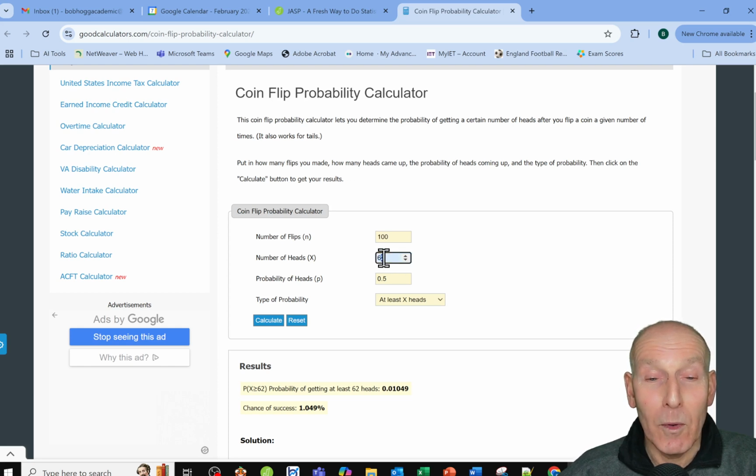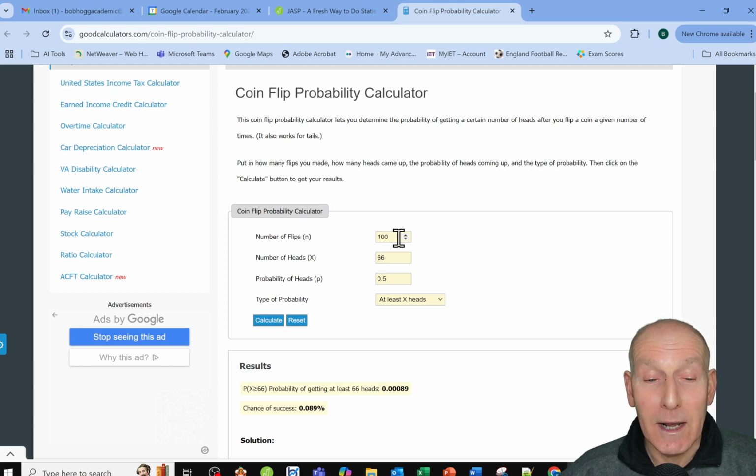And we can keep on going to see what the equivalent of a p-value even smaller is, and you can see it drops off quite quickly. 65, 66, and now we're at 0.001, or just under, and that is the equivalent of 66 heads when we flip a coin 100 times.